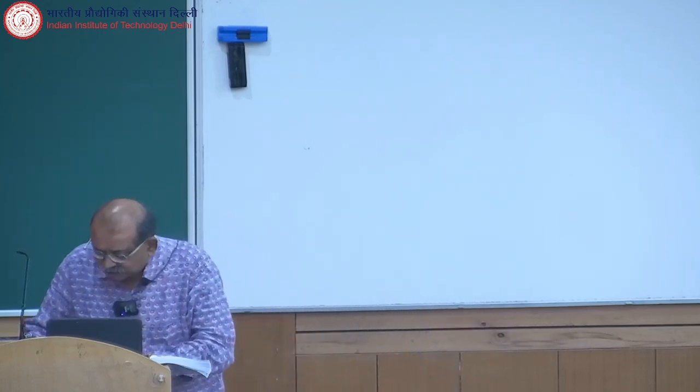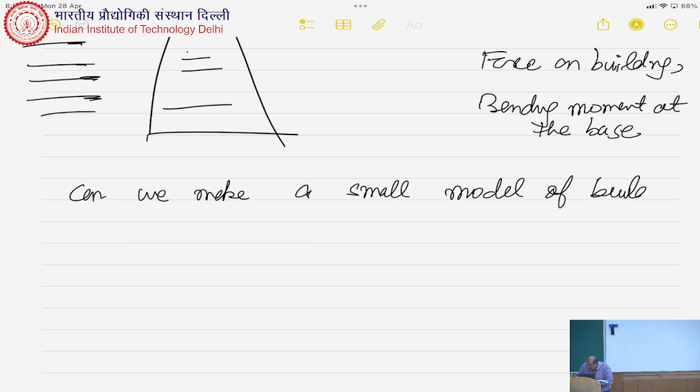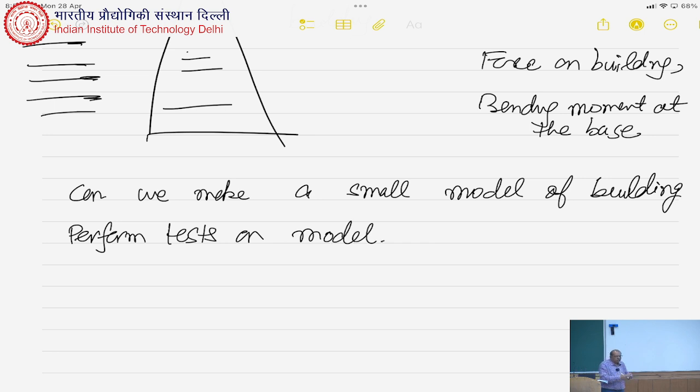So what you try to see is, can we make a small model of the building? So the building is, let's say, 40 meters high. We make a small model, a 1 meter high model, and perform tests on the model. It will be easier to perform tests on the model, very obvious, isn't it?